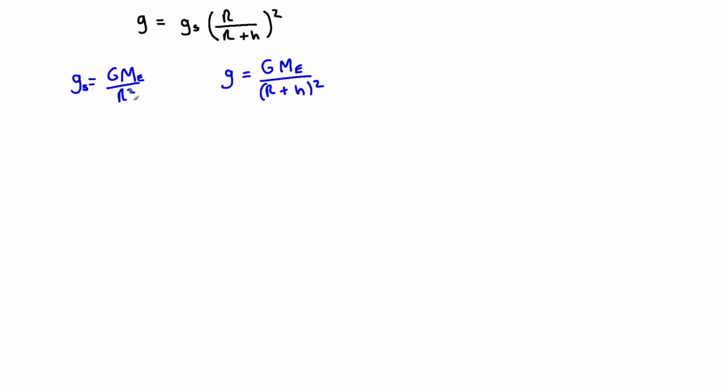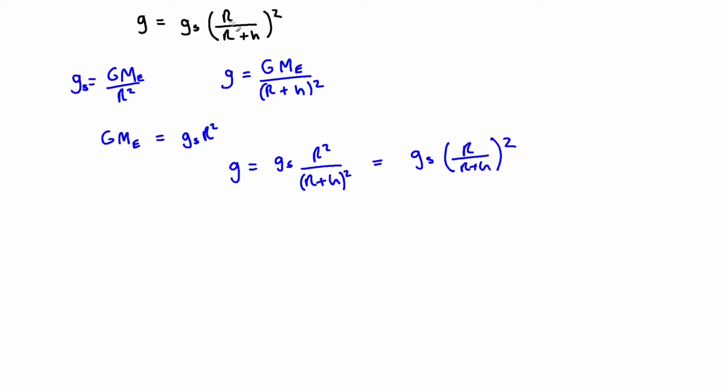Well, all we've got to do then is to rearrange this. So we know here that, for example, G times the mass of the Earth will just equal gS R squared, just rearranging that formula. So we can replace G M_E with gS R squared, and of course, that's just that. And we've got the formula that we were given at the start.